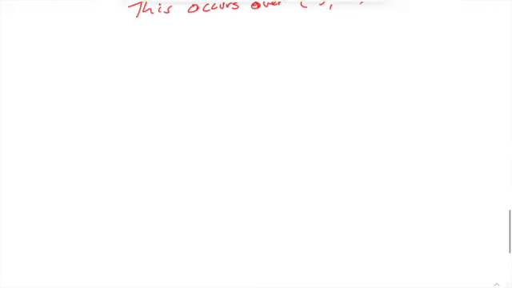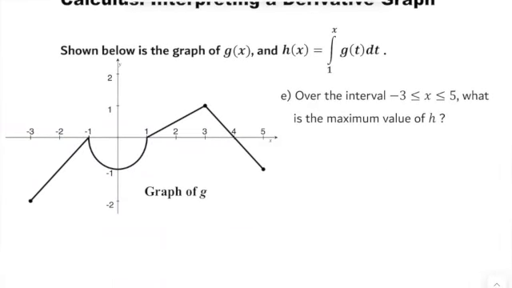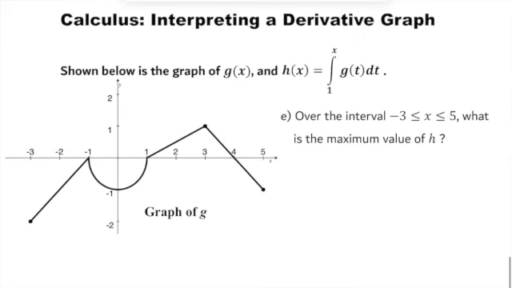Okay, and so last kind of classic question. This is often one of the 3 or 4 parts of this question. So I wouldn't feel I'd be doing it justice if I didn't include this. And that would be asking, where does h have a minimum or maximum value on a closed interval? Notice how they are including the endpoints of -3 and 5.